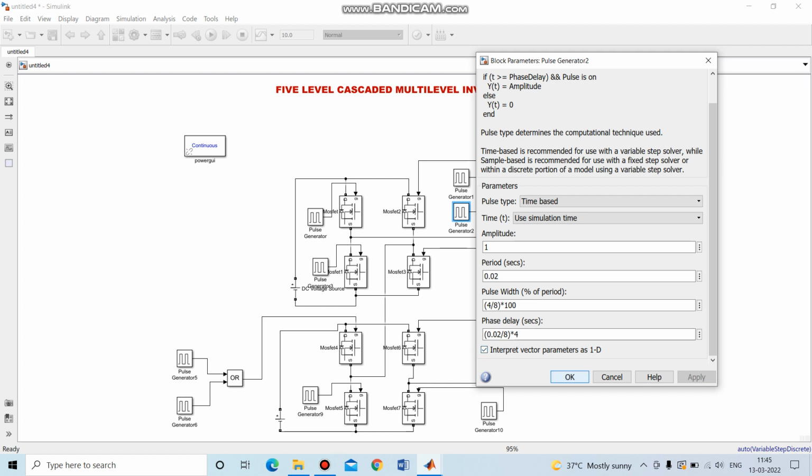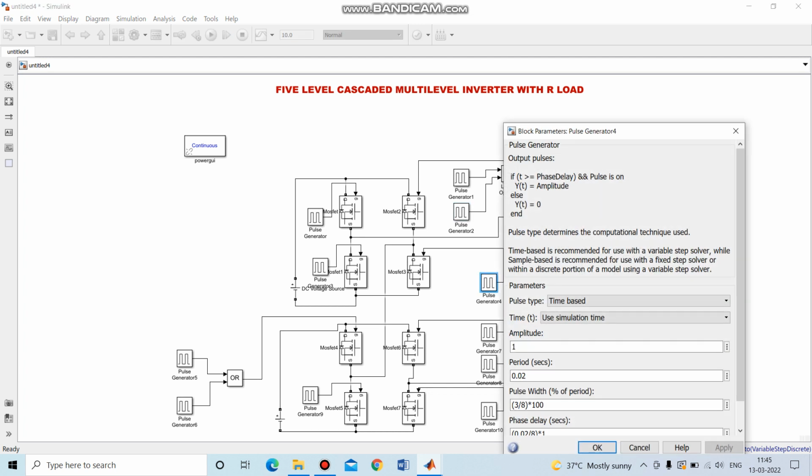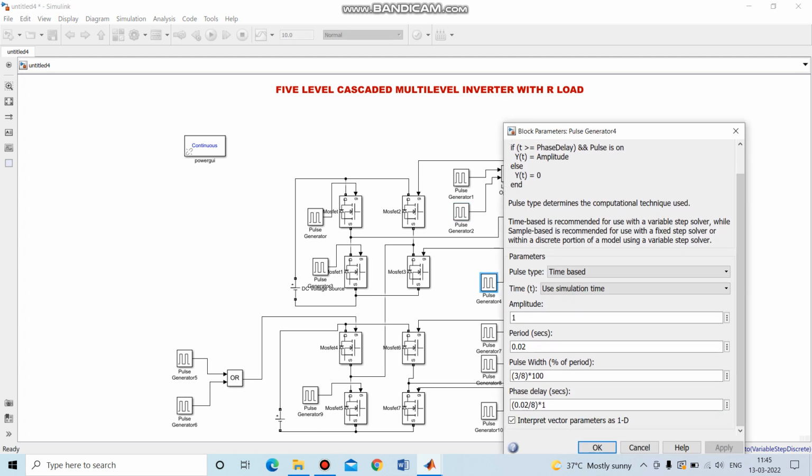The output for these two pulse generators goes to the OR, and the output from the logical operator should be given to this gate pulse. Then the last pulse generator value: 0.02 period, pulse width 3 divided by 8 into 100, then phase delay 0.02 divided by 8 into 1.